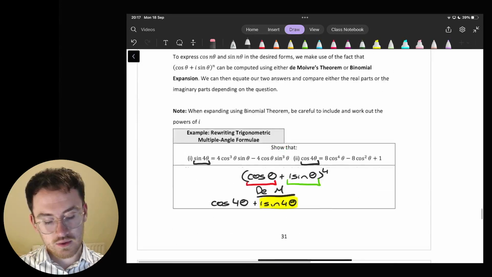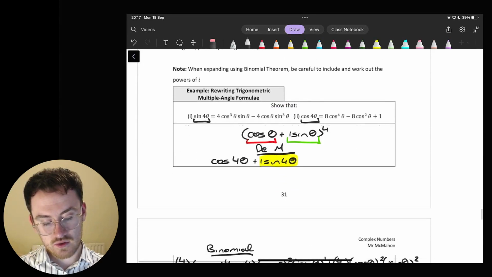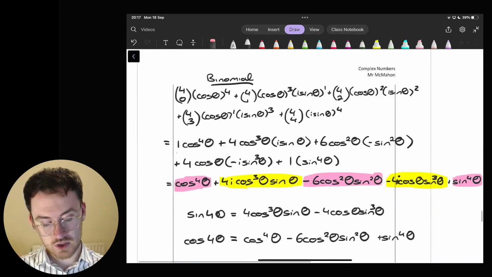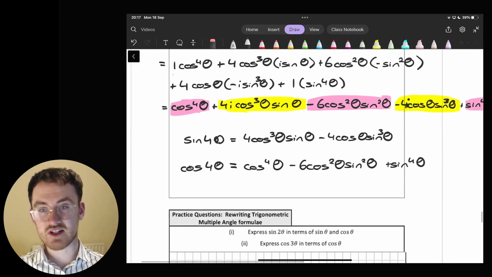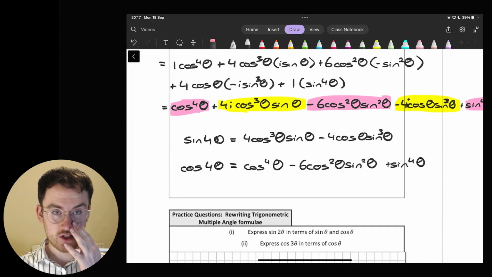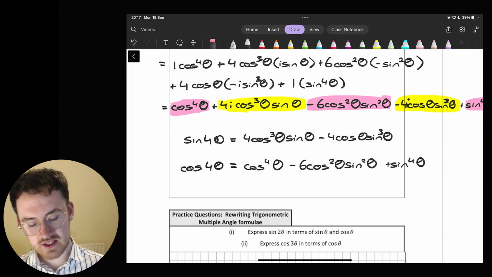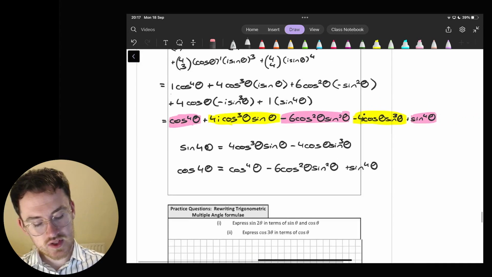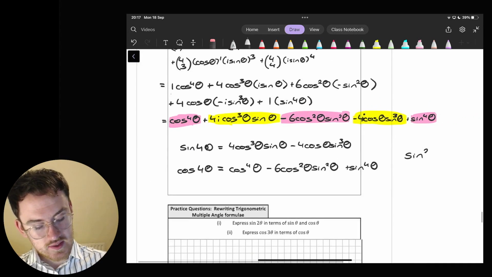Now our end result we want is 8 cos to the power of 4 theta minus 8 cos squared theta plus 1. So we don't want any sine parts at all. We're going to have to consider how we're going to eliminate those. And the main way we're going to do that is using that identity we had earlier: sine squared theta plus cos squared theta is equal to 1, which means sine squared theta is 1 minus cos squared theta.